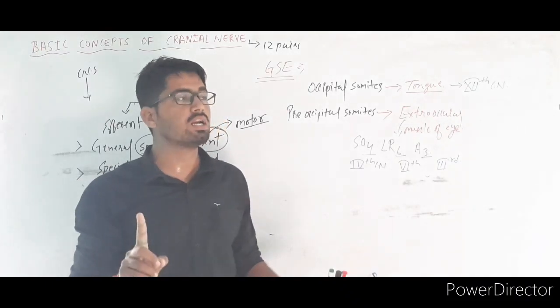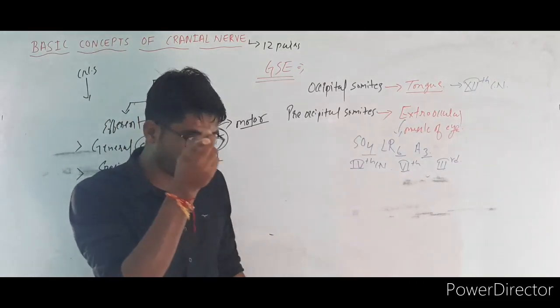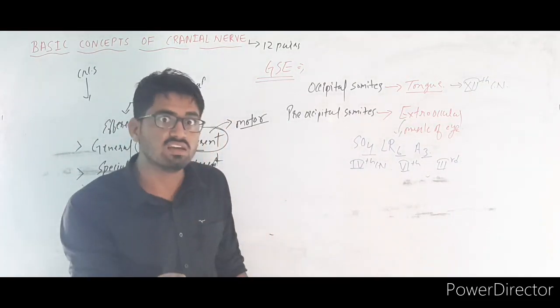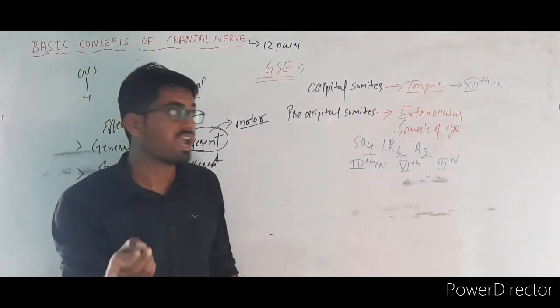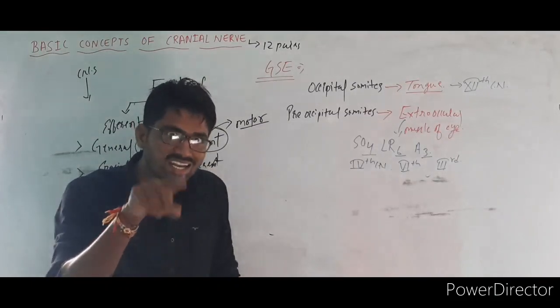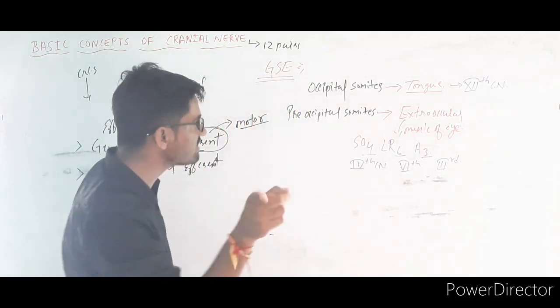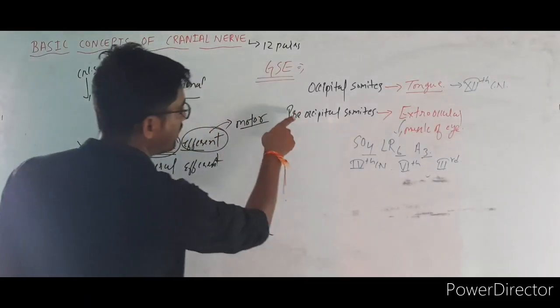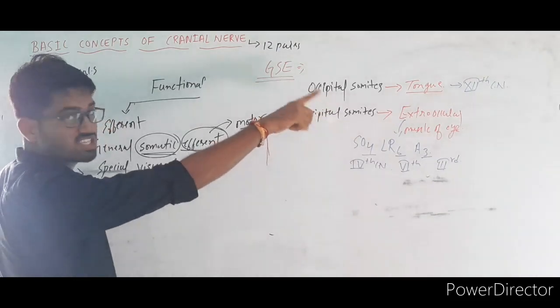Why? Because the third cranial nerve supplies the extraocular muscles of the eye. So third, fourth, sixth and 12, which is supplied by hypoglossal, all these cranial nerves have these fibers. Got it or not? Yes, that is the concept, right? These things you have to remember.